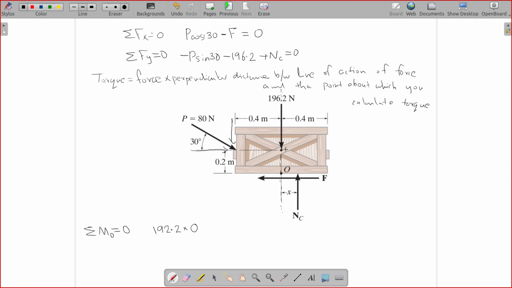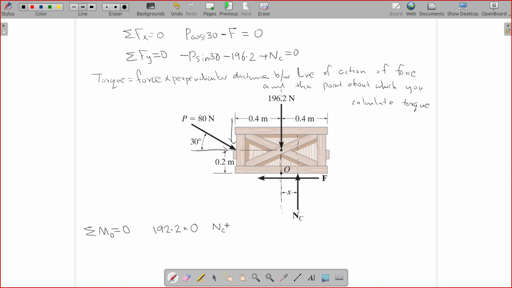Now let's consider NC. NC multiplied by the perpendicular distance between the line of action of NC and point O. What is the line of action of NC? This is the line of action of NC, this vertical line. What is the distance between this vertical line and this point?